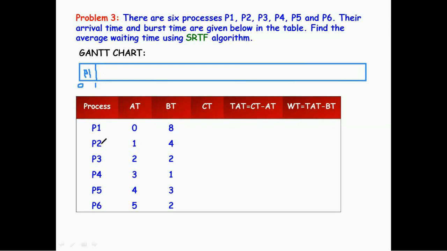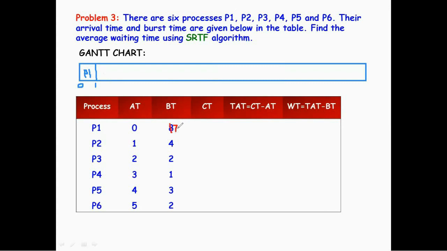At time 1, P2 has arrived. So, current execution of P1 will be stopped. Already P1 has executed for 1 millisecond. So, the remaining time for execution is 7. 8 minus 1 is 7.